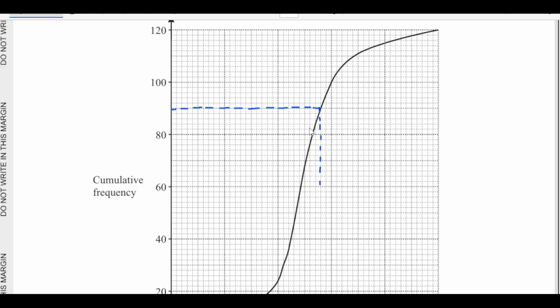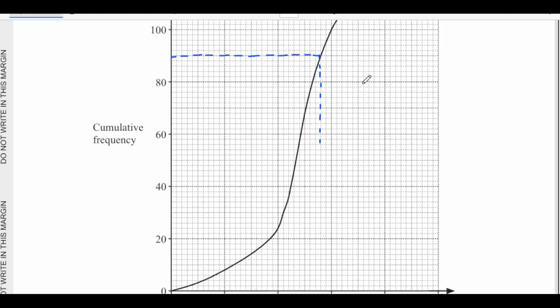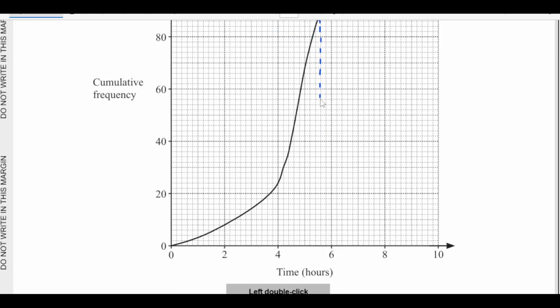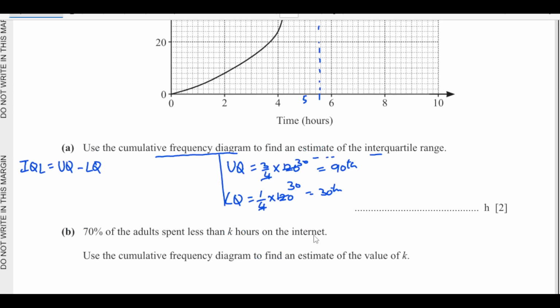I hope I am on the line. So it's here, right. So this value is 5, with 5.2, 5.4, 5.6. So this is equal to 5.6.